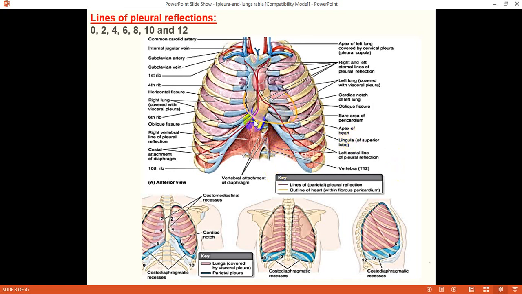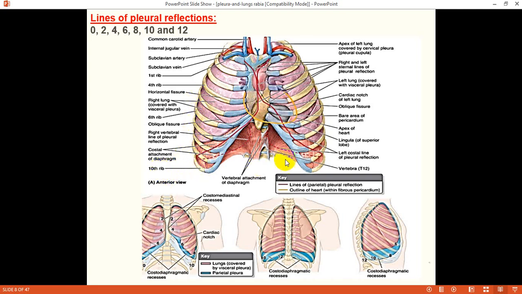Tracing inferiorly from the right sternal line, we start from the anterior midline, and the costodiaphragmatic line of reflection starts here, and then in the mid-clavicular line it lies at the level of the 8th rib, and then here on the mid-axillary line it lies at the level of the 10th rib.